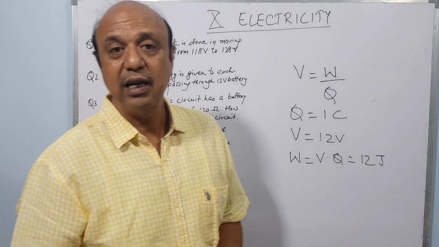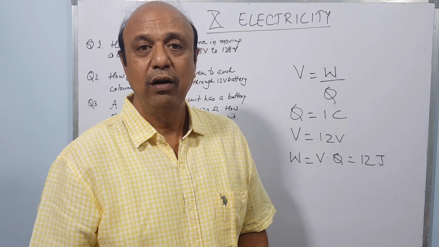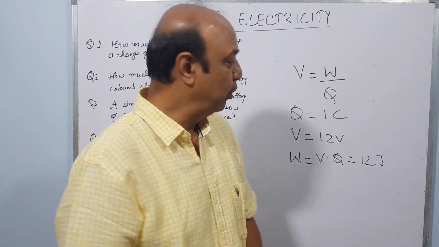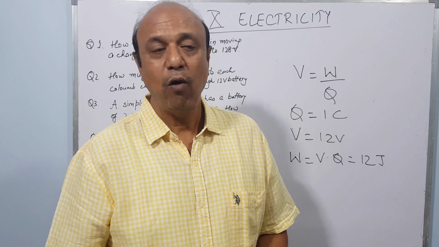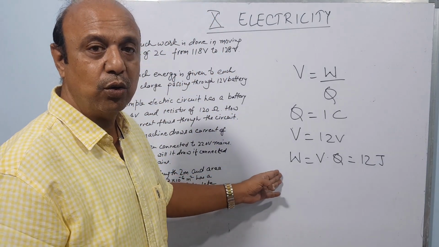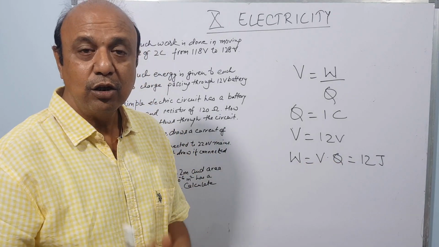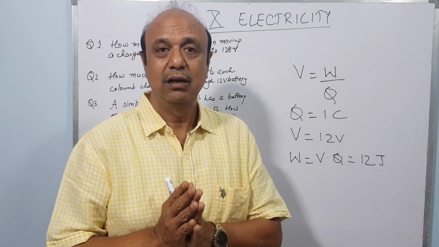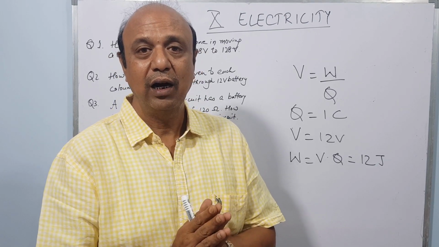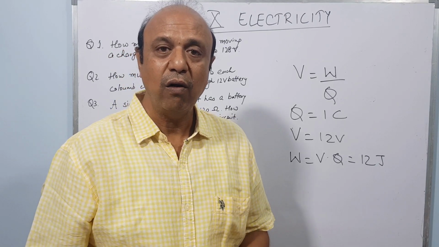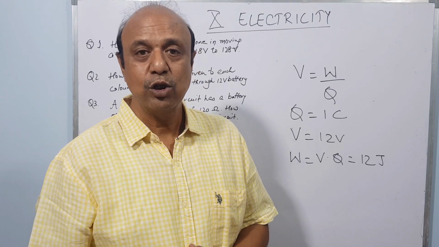In class 9, while discussing the chapter of work and energy, we knew what is energy. Energy is the ability to do work. So how much energy is passed on to each coulomb? 12 joules. So friends, the syllabus of 9th is also equally important. I will request all of you to go through the video lectures of class 9th also.